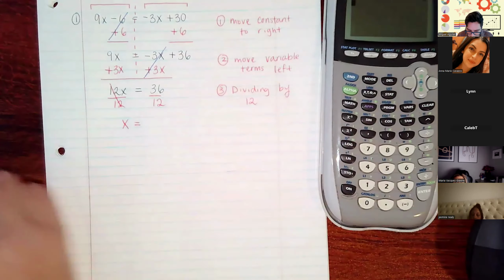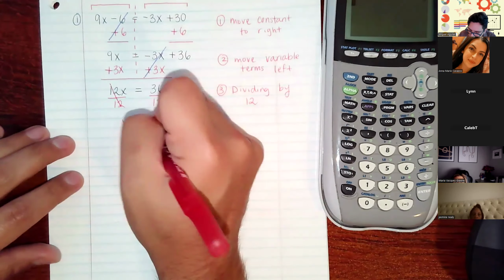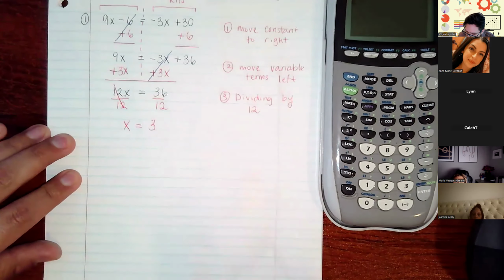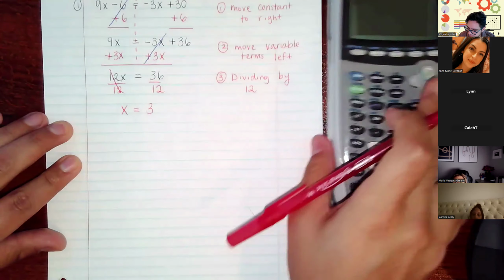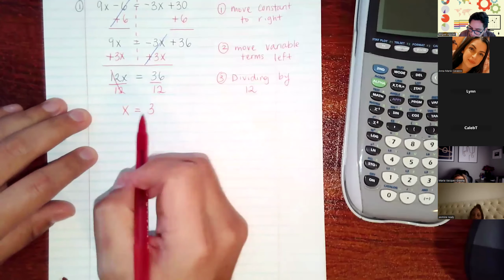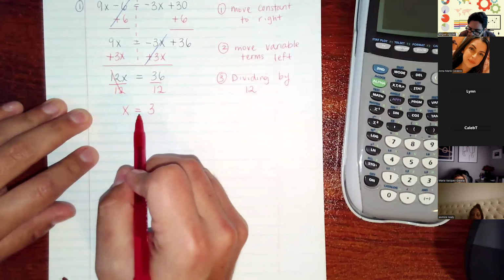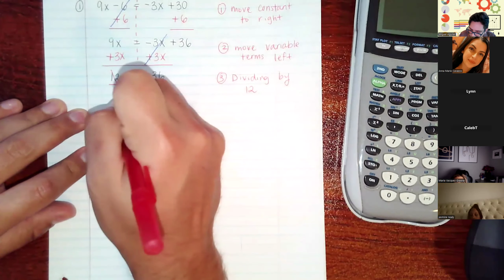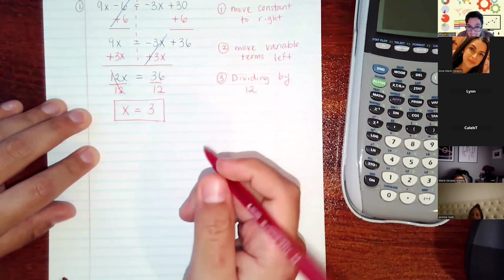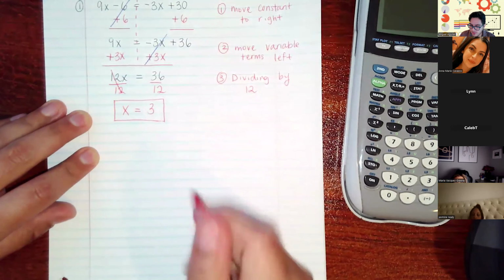You get 3. And now, do we have x isolated? Yes. Yeah, we have x on the left-hand side. We have a number on the right-hand side. So this is telling us the missing value x is equal to 3. And we have finished and completed this game. And that's it. That's our solution. Okay.